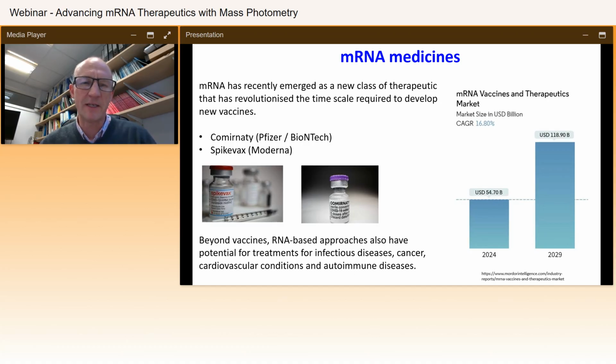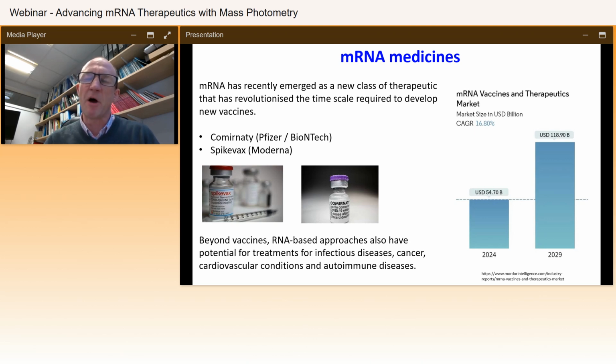But beyond vaccines, many of the big biopharmaceutical companies and many biotech companies have a pipeline of new emerging RNA drugs that have potential treatments for infectious disease, cancer, cardiovascular conditions, and autoimmune diseases. These new drugs are likely to come through over the next few years.